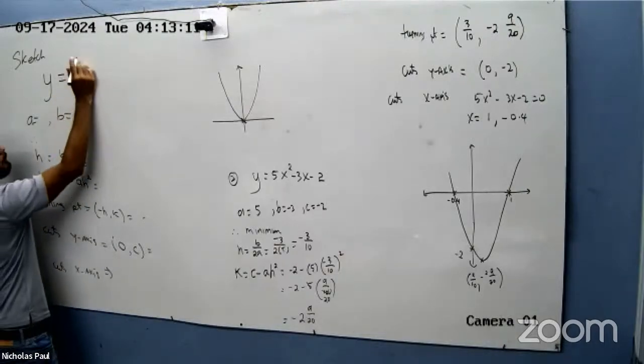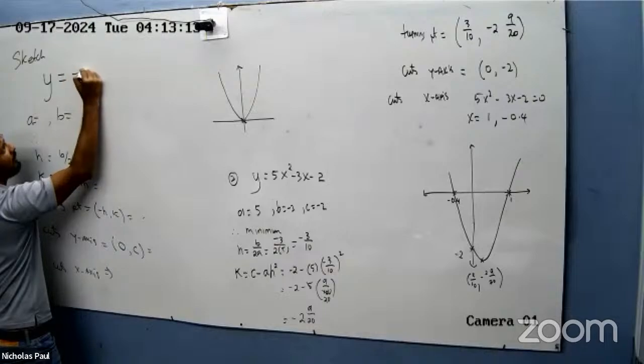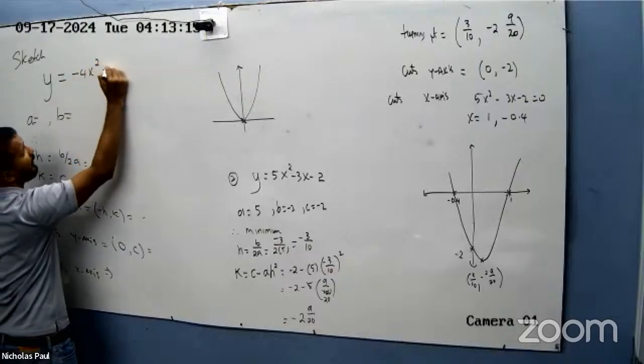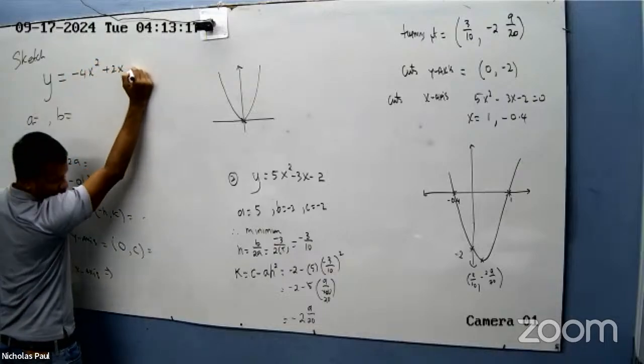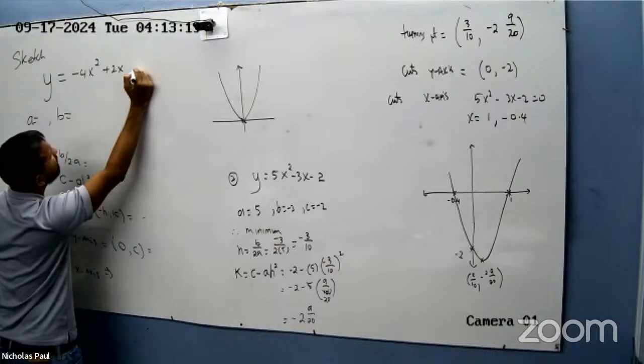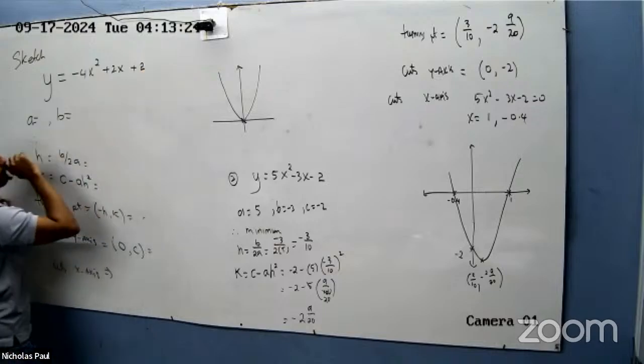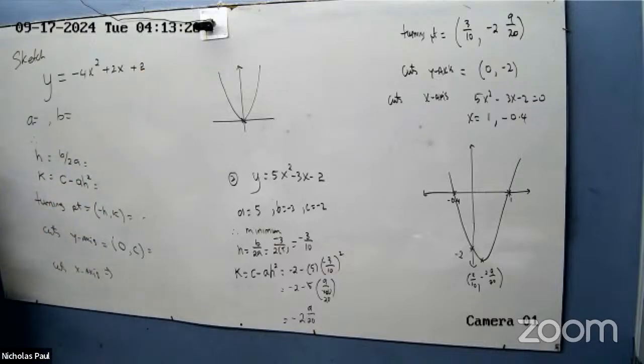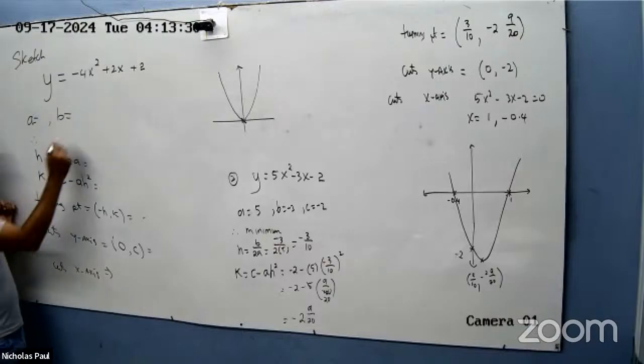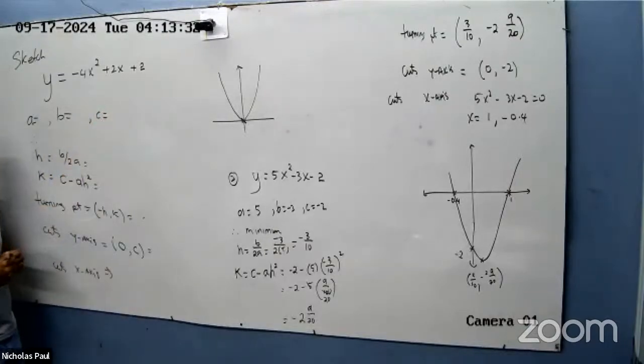I'm going to give you one that should solve: minus 4x squared. Try that in. Take your time.